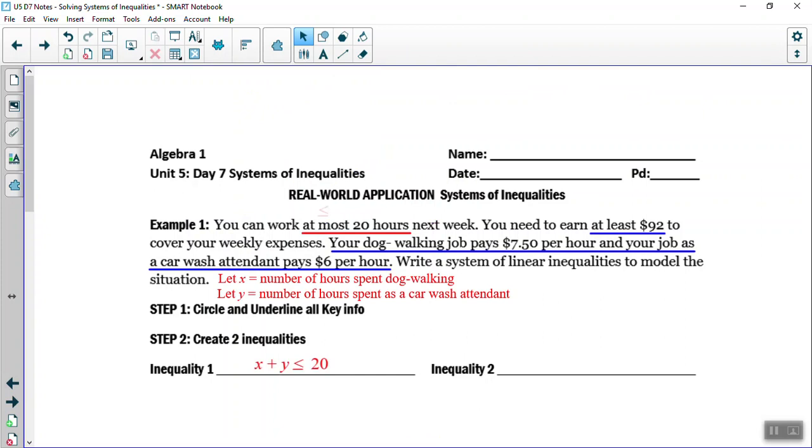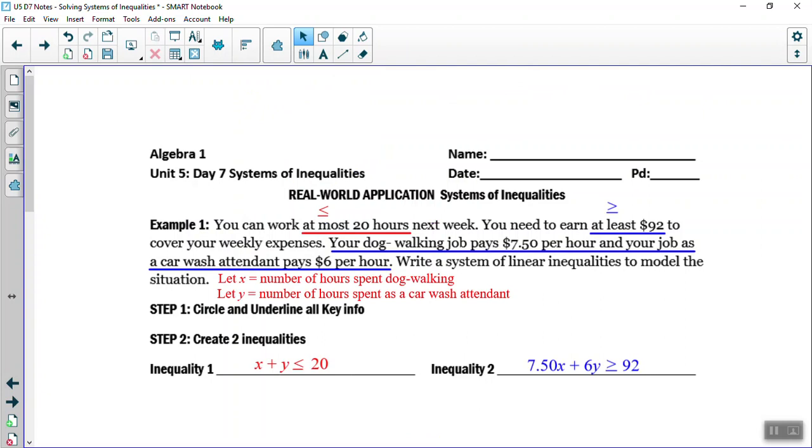All right, at most, remember, means less than or equal to. Now at least $92, at least means greater than or equal to. So my inequality is going to look like this: $7.50 per hour, plus $6 per hour, is greater than or equal to 92.